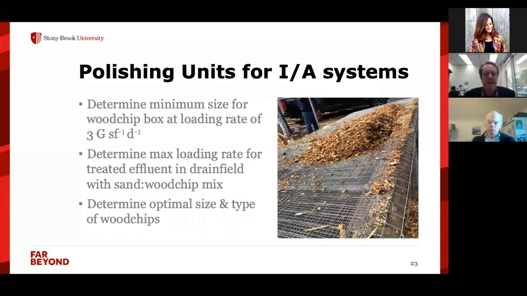So I said earlier in the presentation that I would talk about wood chip boxes a bit more and their use as polishing units for IA systems. So Suffolk County DHS actually asked us to look at this area of research because these wood chip boxes are small relative to general footprints for drain fields.